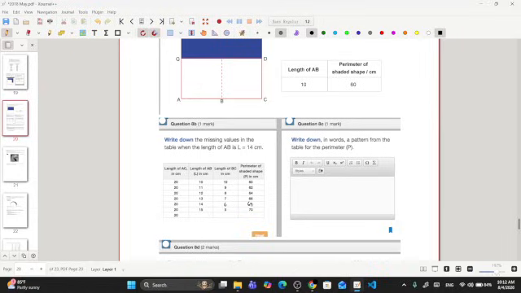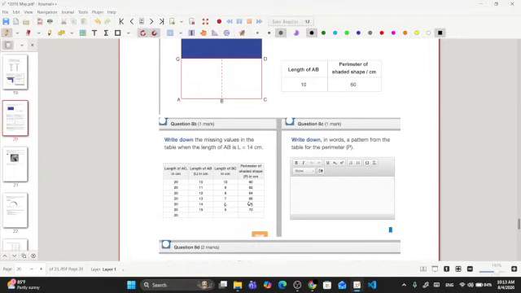Then it says write down in words a pattern from the table for the perimeter. So we can say that as the length of AB increases by 1 centimeter, the perimeter increases by 2 centimeters. That's quite evident here in front of us.